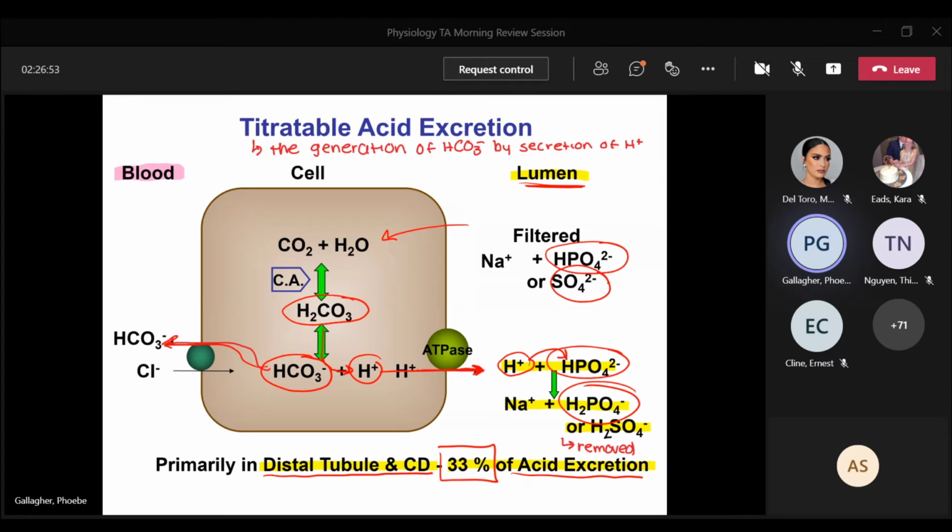And you're able to reabsorb this bicarbonate, and you're effectively increasing the amount of bicarbonate that you are making. So you're increasing the concentration of bicarbonate through the action of acid excretion.